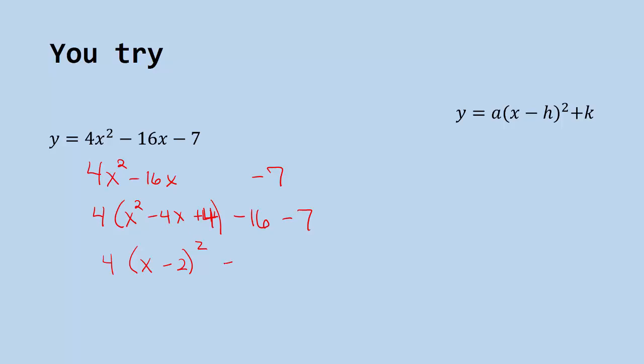That's going to give us a minus 23. So from here, I can get my vertex hk. Now again, this was minus h, so this is going to be a positive 2. And it was a plus k, and I have a minus 23. So that means it's going to be a negative 23 for my y value of the vertex.